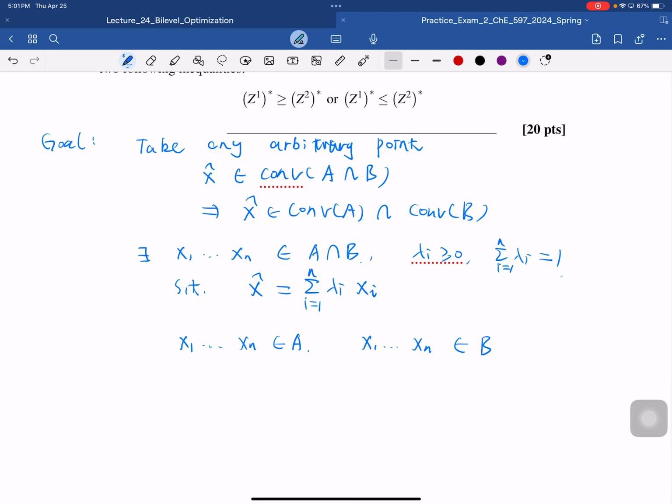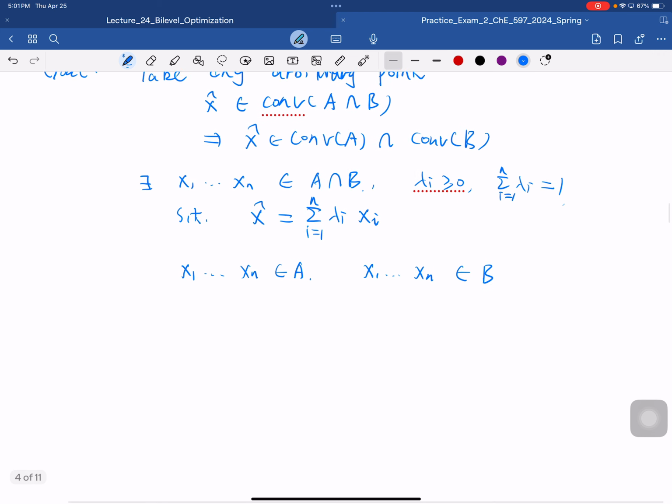So then you can pick the same lambda i values as those we defined before.